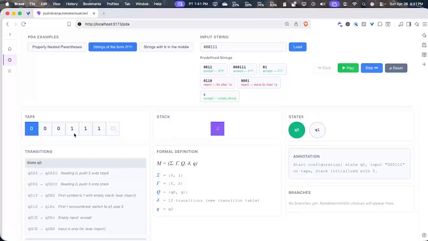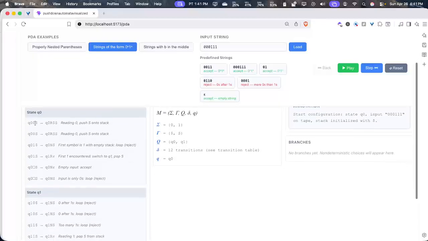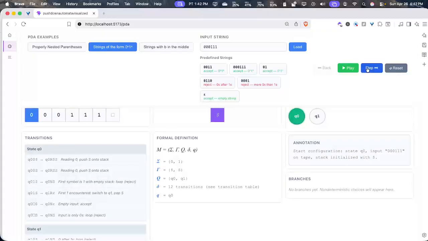We have 0, 0, 0, 1, 1, 1. An easy way we can make the circumstance so that we don't allow it to go back is we just add a new state. And so we start out in Q0, we read a 0, we read the money symbol, and then we replace the money symbol, we put an S, and we move forward.